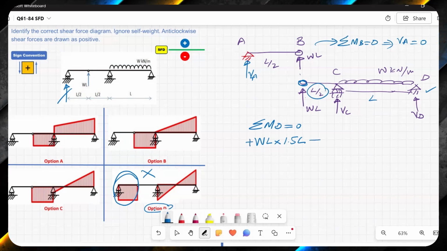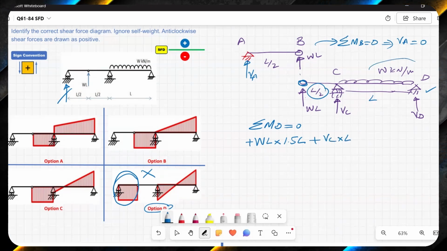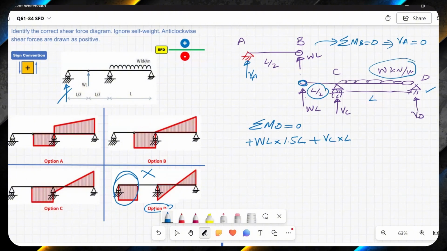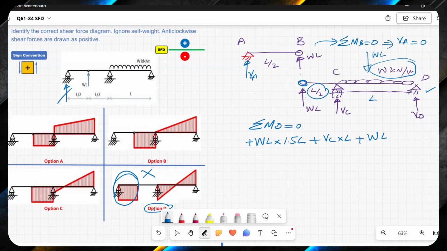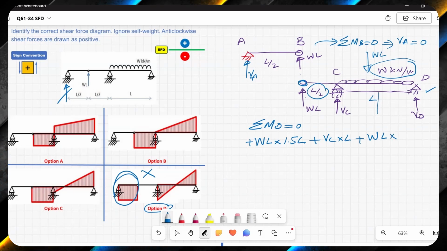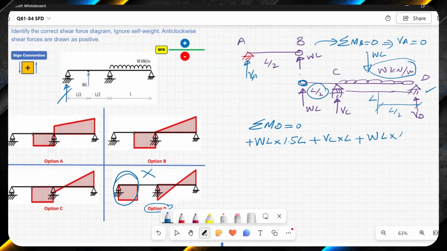And then I will have plus VC times L, and this UDL will create some force as well. Total load will be WL here, times, it is acting at half of the distance from D because it's a uniformly distributed load, so L over 2, is equal to 0.